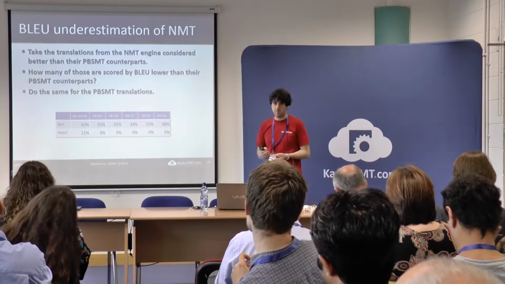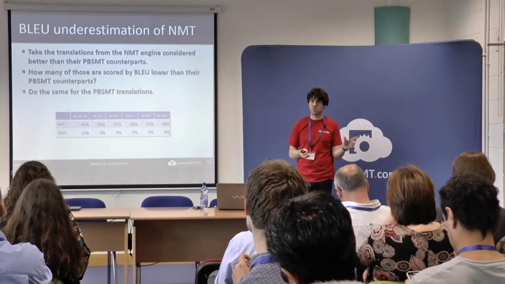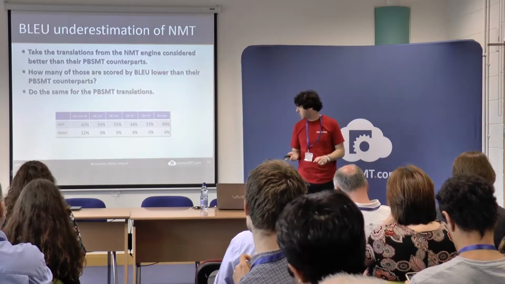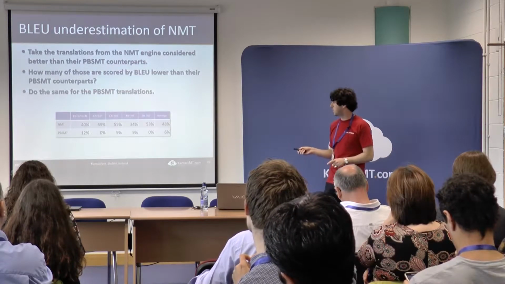When we compared the BLEU scores and the ranking, we saw that on average in 48% of the cases where NMT was better, it had a lower BLEU score. So we can say that if we take 1.5 times the BLEU of an NMT engine, we can get a BLEU score very similar to its counterpart in phrase-based statistical machine translation.